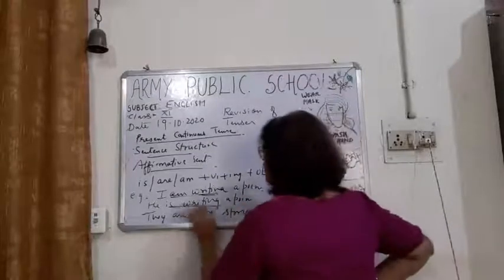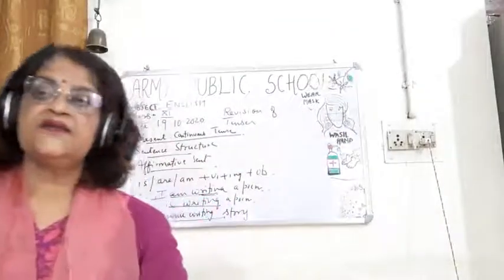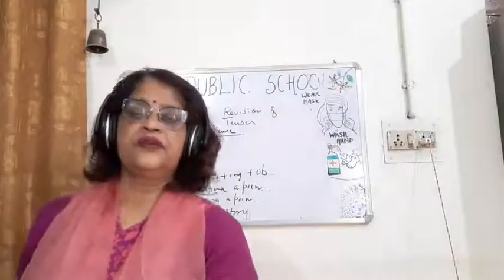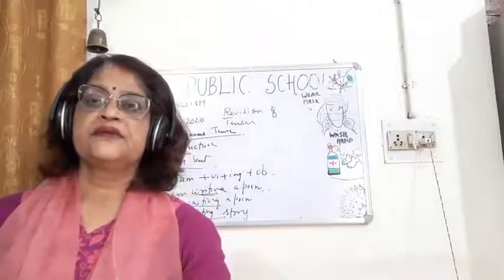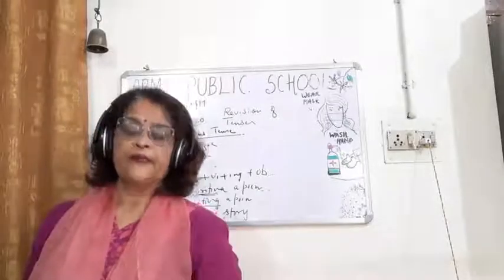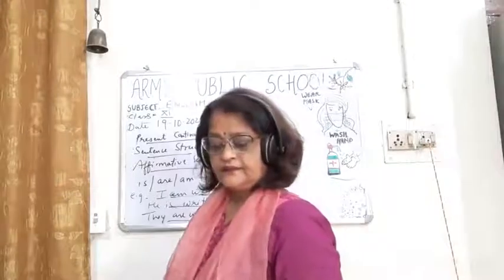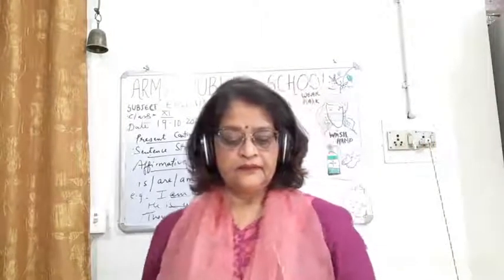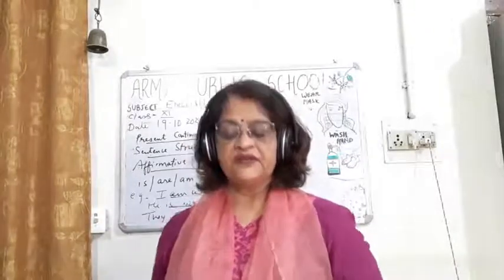So you can see, with they we are using are, with I I have used am, and with he or she, is, where I have used is writing. So children, with the affirmative I have told you.